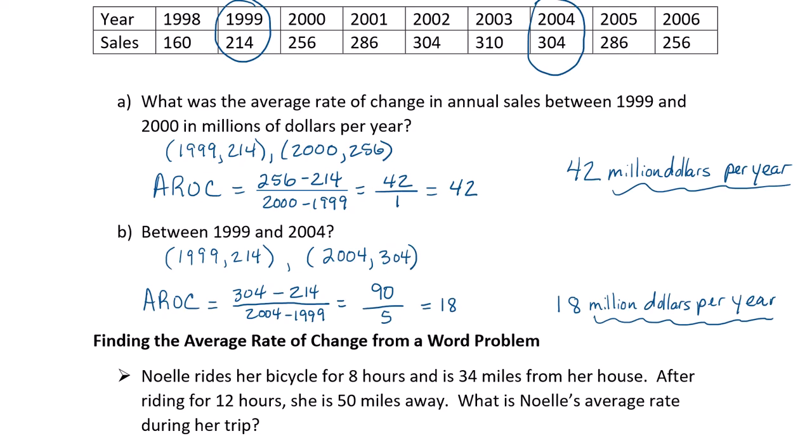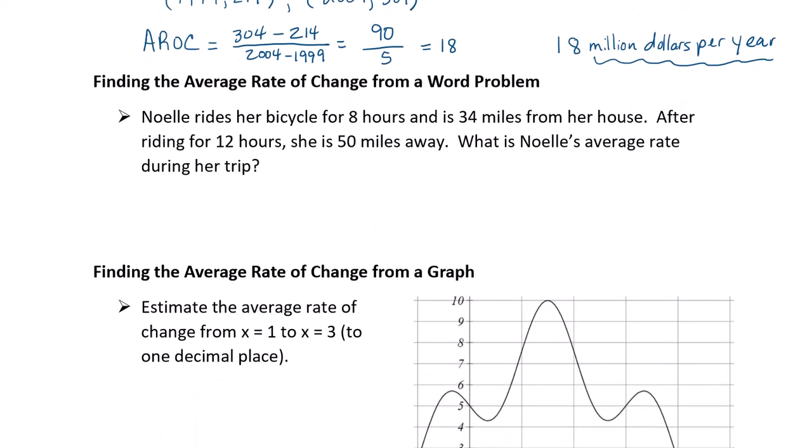Let's find the average rate of change from a word problem here. Noelle rides her bicycle for 8 hours and she's 34 miles from her house. Now after riding for 12 hours, she's 50 miles away. We want to know what is Noelle's average rate during her trip. So we don't know the entire data on the trip, but we do know that at 8 hours, she is 34 miles from her house. And at 12 hours, she is 50 miles away from her house.